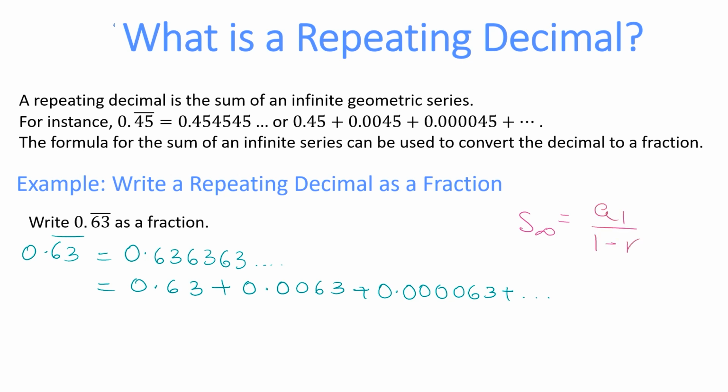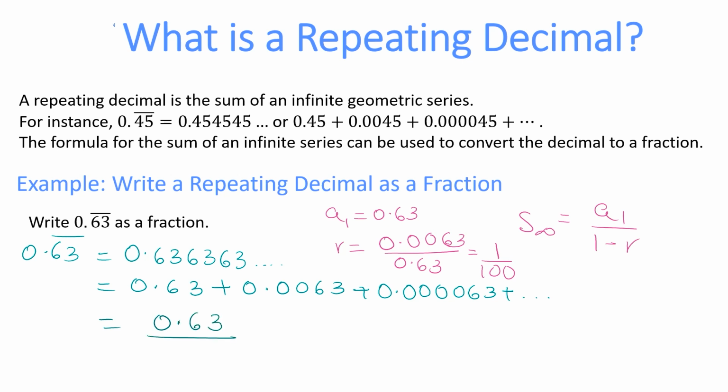So here a1 is 0.63 and r can be found by dividing the two consecutive terms. So 0.0063 divided by 0.63 gives us 1 over 100. Now let us try to find the sum. This will be equal to a1, so 0.63 over 1 minus 1 over 100.